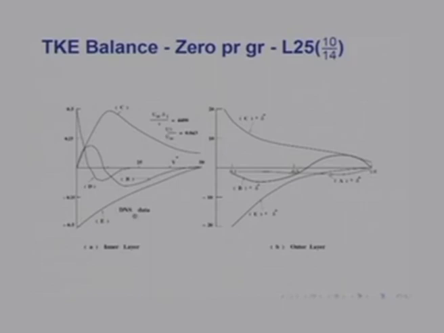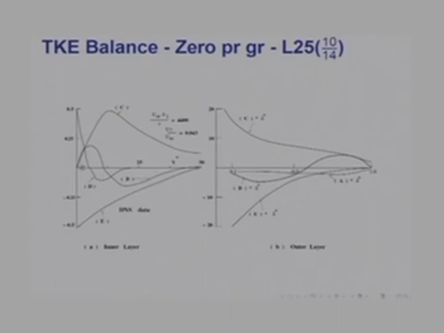Term E is the turbulent energy dissipation, and again that is quite large at the wall, but then goes on reducing, and beyond the transitional layer itself, it becomes almost negligible.